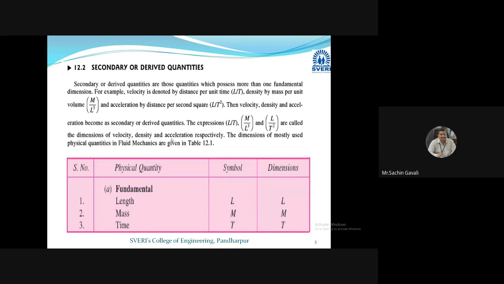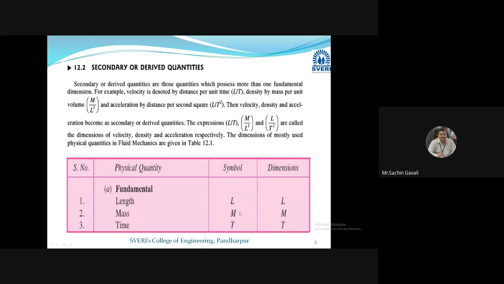Okay, so first of all we'll take fundamental dimensions. Let us consider length. The symbol is L and the dimension is L. Then another fundamental dimension is mass.